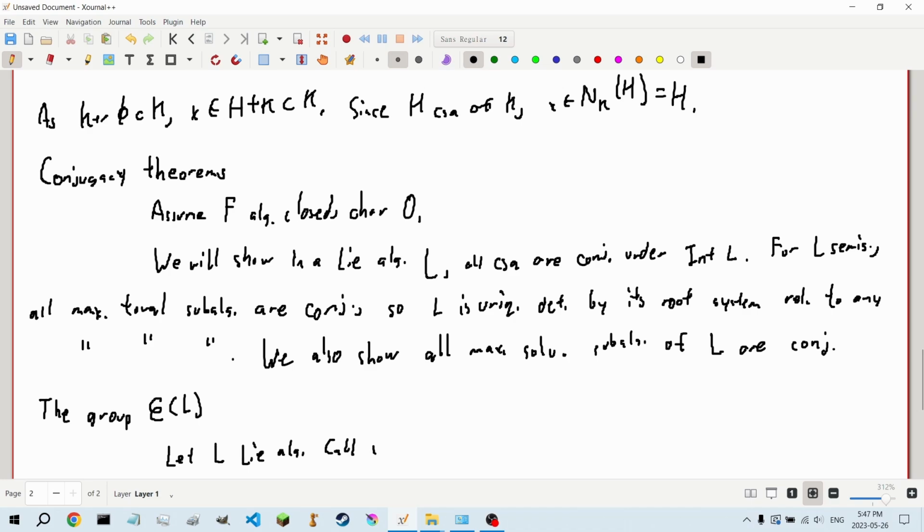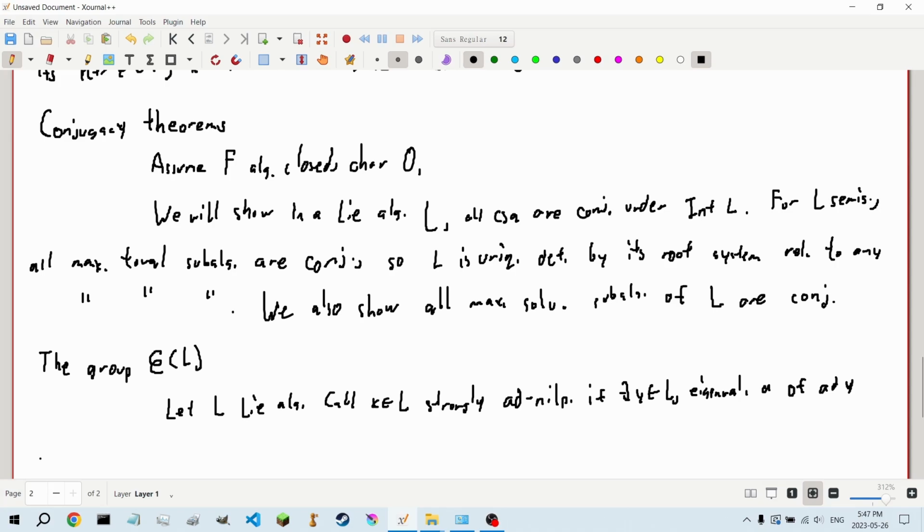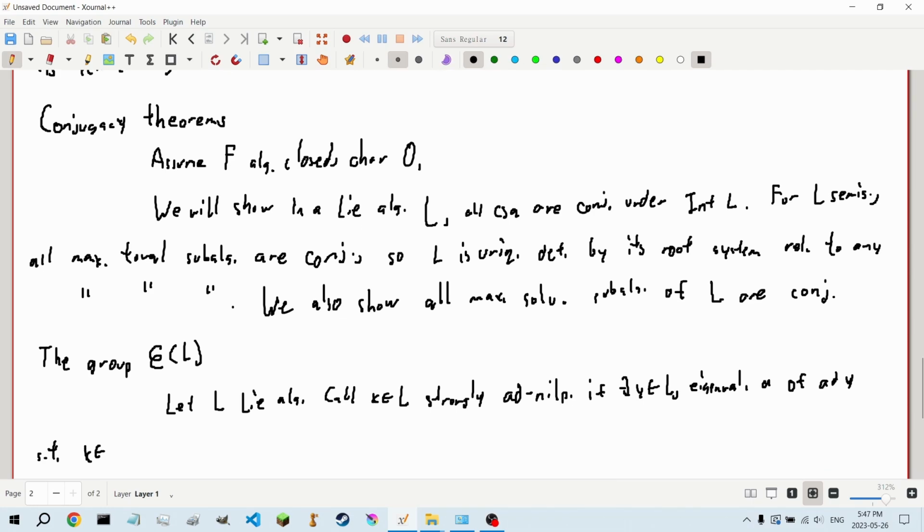We're going to call an element x in L strongly adjoint nilpotent if there exists some element y in L and an eigenvalue A of the adjoint of y such that x lies within L_A of the adjoint of y.